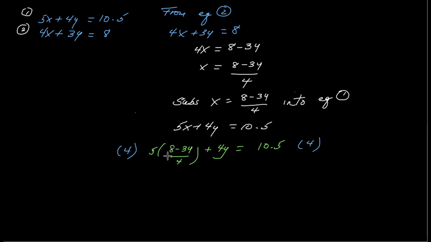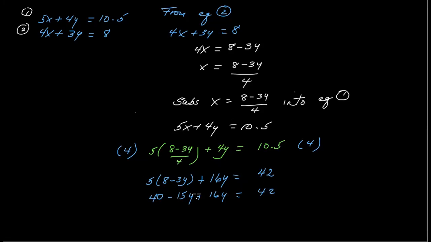So when I get rid of this one, I'm going to be left with 5 times (8 minus 3y), plus, and remember this 4 has to be multiplied by this as well, this becomes 16y, and this becomes 42. So 5 times 8 is 40, and 5 times minus 3 is minus 15y, plus 16y is equal to 42.